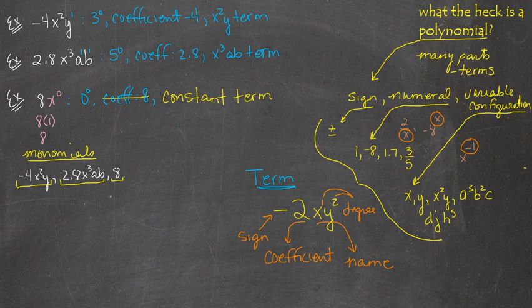So what would a binomial look like? Well, we know that bi means 2, and so let's put 2 of the parts together. Let's take the 2.8x cubed ab and the first term here, negative 4x squared y.